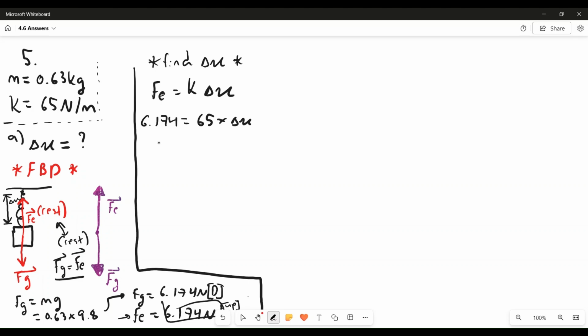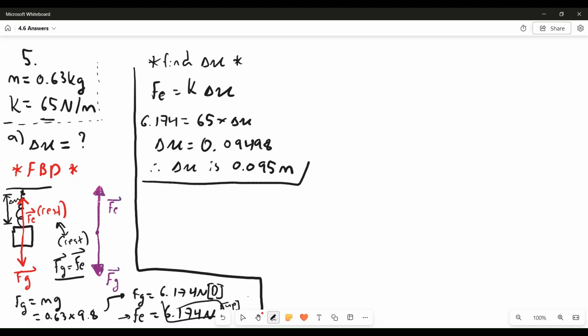Then if we divide both sides by 65, you should get a distance being stretched of 0.09498, but we want to round to two significant digits. So this should be your answer for part A.